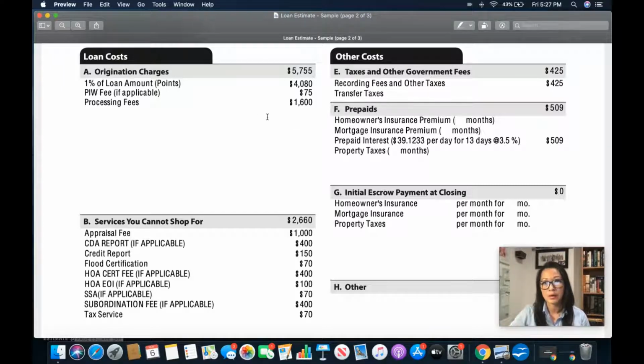So the processing fee would go to, for example, if you're working with Wells Fargo, Wells Fargo, and then the $4,080 would go to the lender that you're working with.